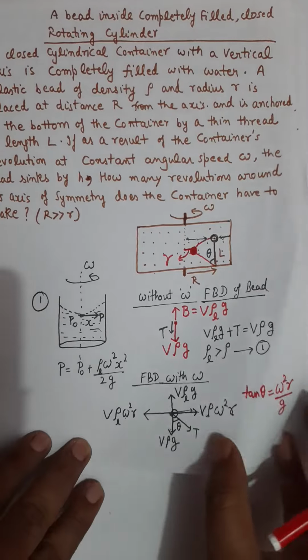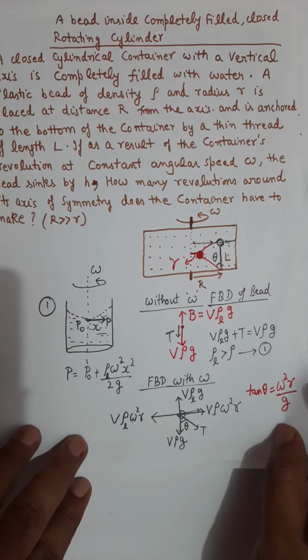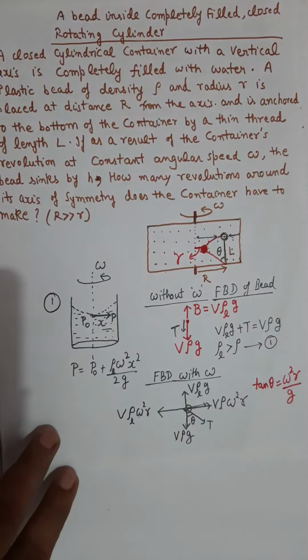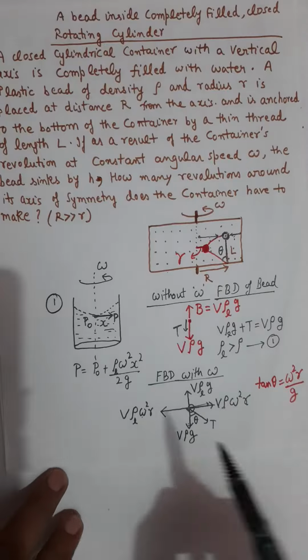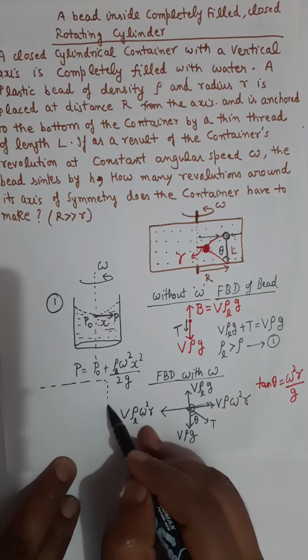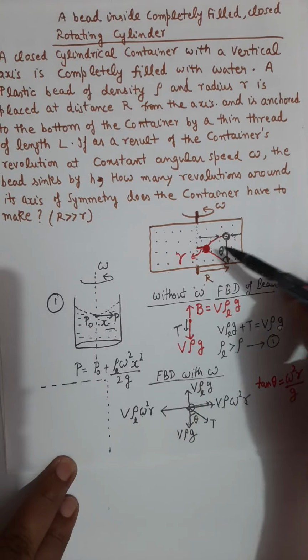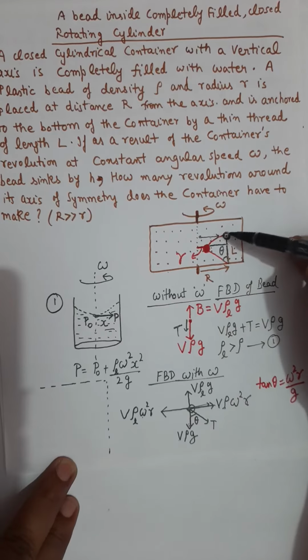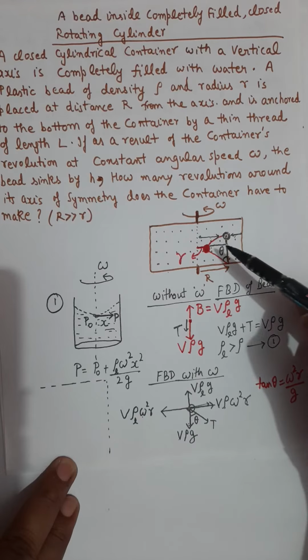To find the value of small r, I will use the other information given in this question. The other information given in this question is that the bead sinks by distance small h. That means if I drop a perpendicular, then this vertical distance is small h.